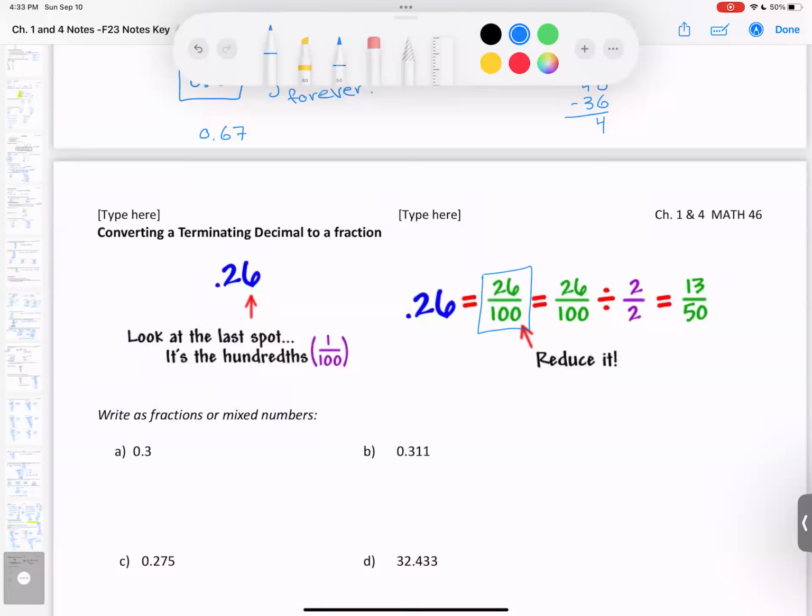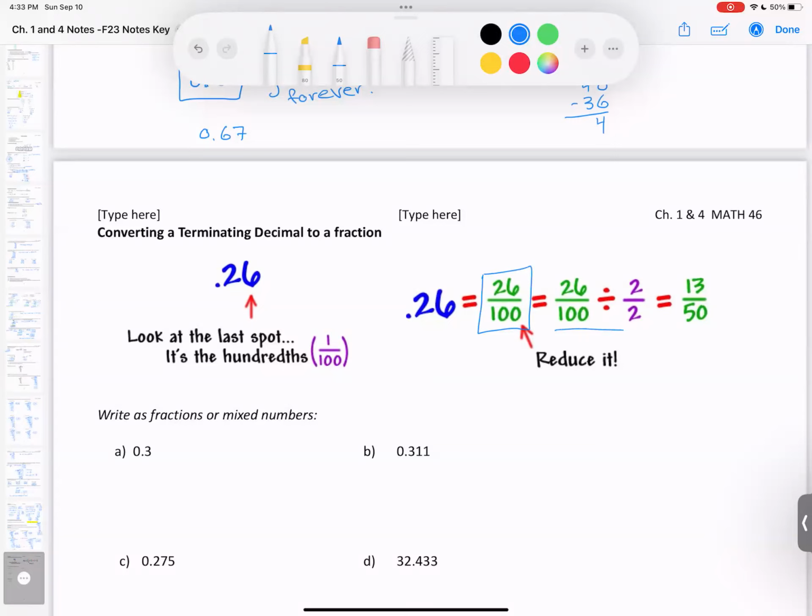Now, the next step you need to know is that you can reduce that fraction. Anytime you have a fraction where the top and bottom, the numerator and denominator, are both divisible by a common factor, you can divide by that number. Here, 26 and 100 are both even numbers, so they're both divisible by 2.